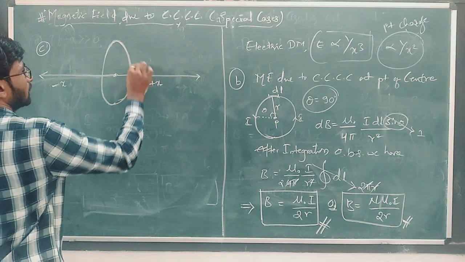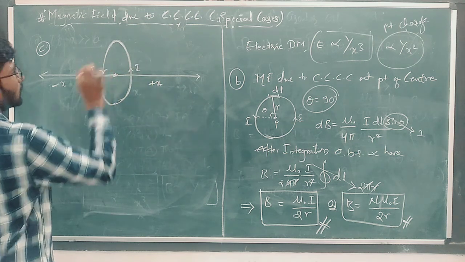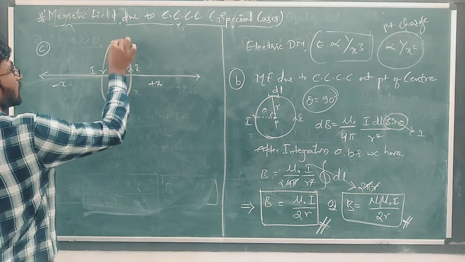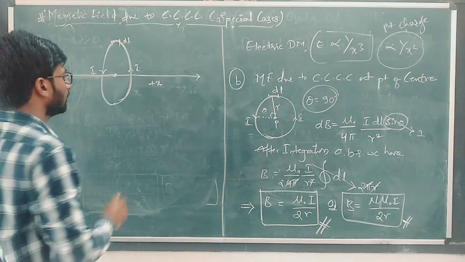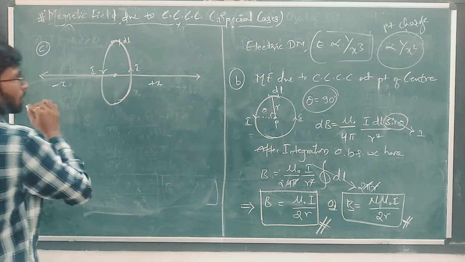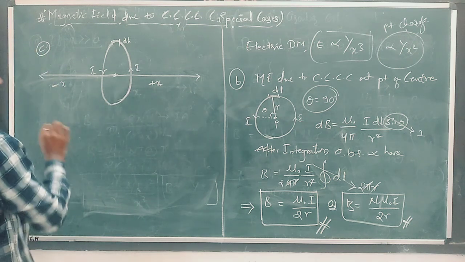Already we know that the current carrying circular coil has current I. You may consider the length element, no need of considering any small element. And now I will show you this graphically.